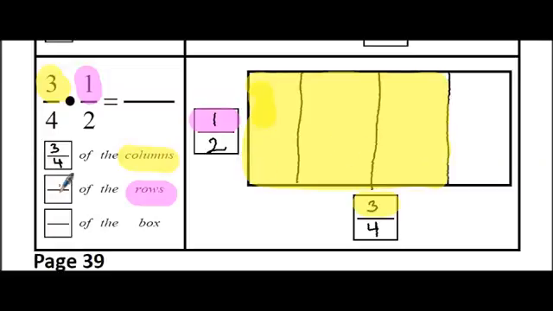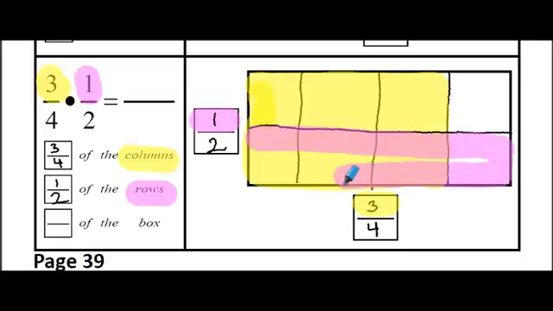So I need to show half of the rows. So I'm going to color in half of the entire box pink. And where they overlap, the pink and yellow together would be the fraction of the box or your final answer. So a 4 by 2 grid gives you 8 total.